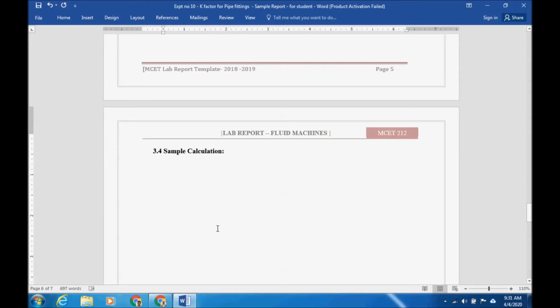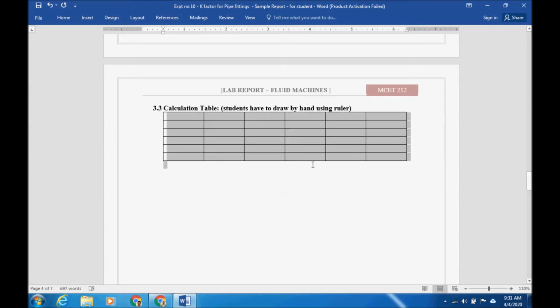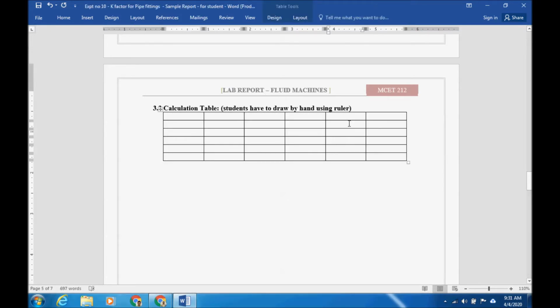So Q is equal to A V, so velocity is equal to discharge by area. So discharge by area I will get velocity. Once I get velocity, I will write it here. Then K factor. What is K factor? K factor is that head loss, HW.